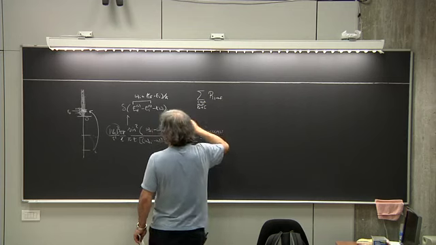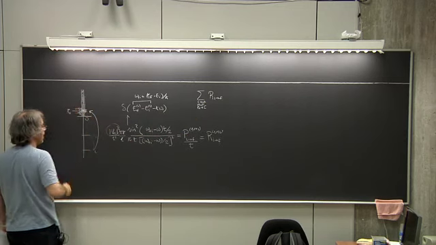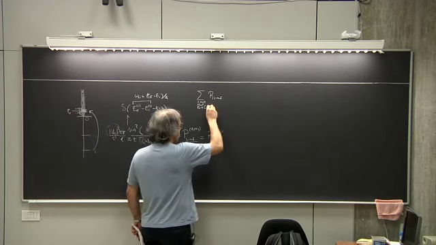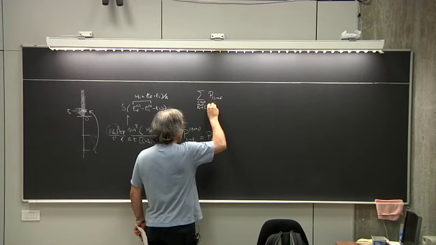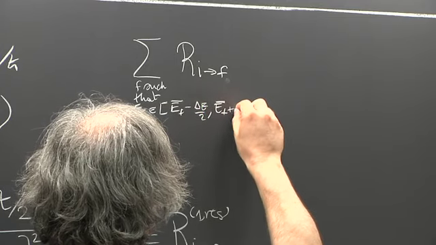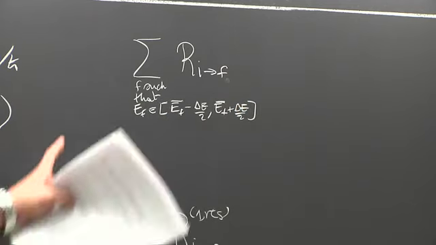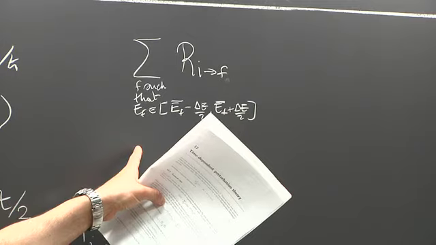Let me call it EF bar. EF is in a certain window, EF bar minus delta E over 2, EF bar plus delta E over 2. This is what I want to calculate, all right?